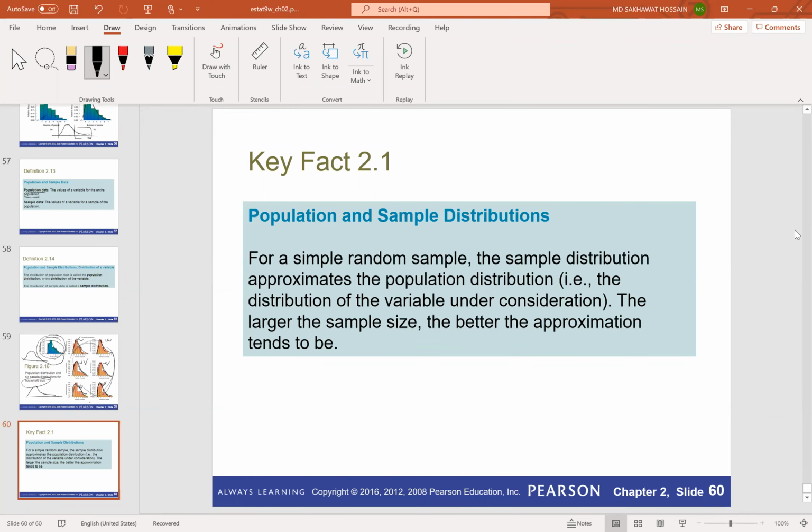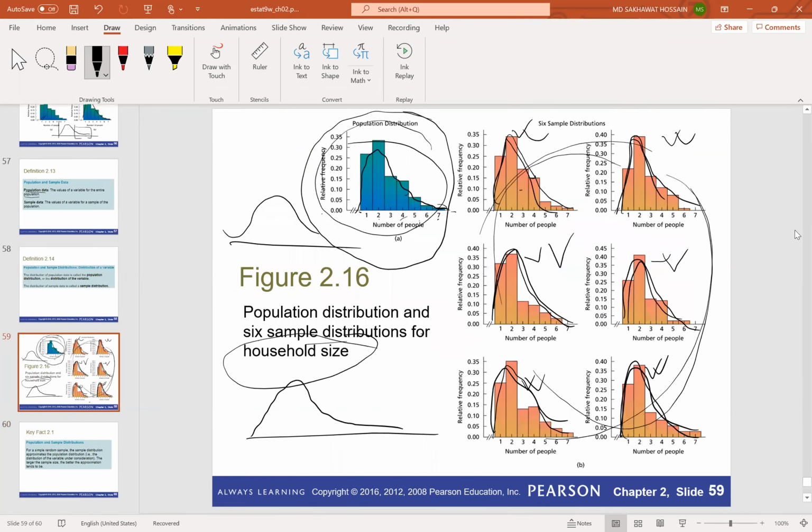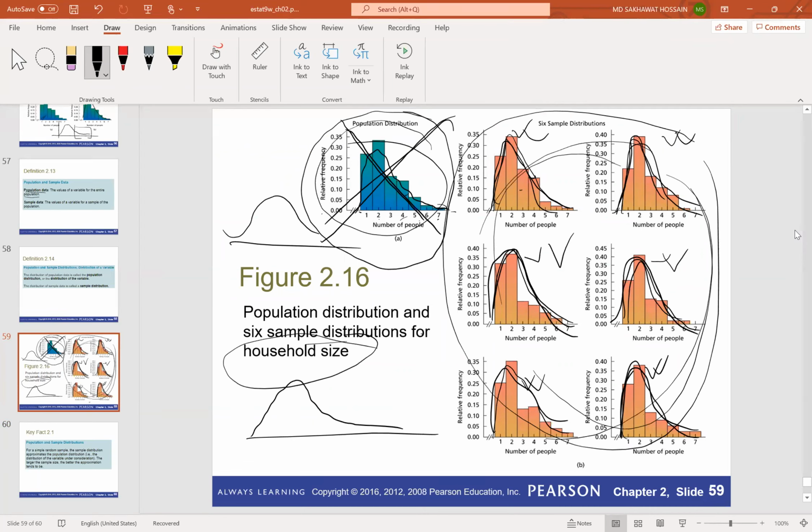So if you go to the previous slides, even if you do not know the distribution of the population, if you know the distributions of the 6 samples and all of them are right skewed, then based on this information you can make inference about the population distribution.